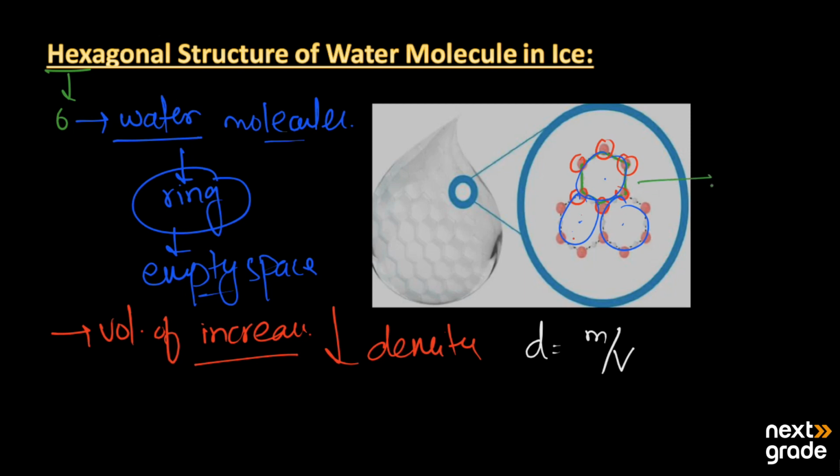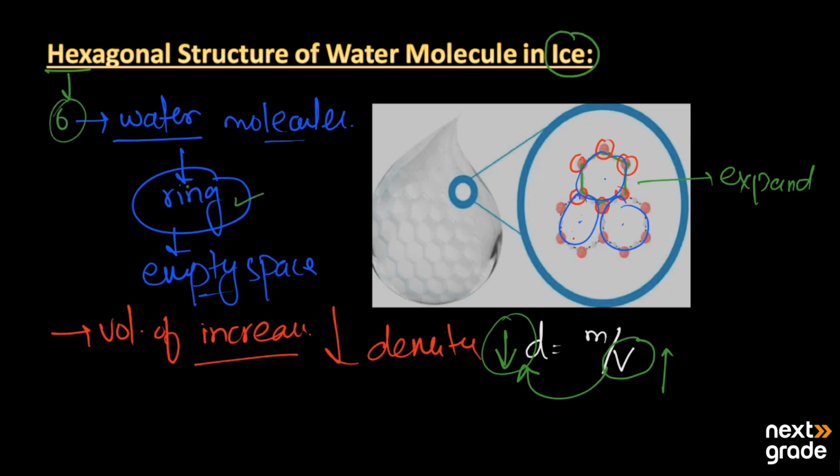When the water molecules expand and form a hexagonal structure, their volume increases, and when their volume increases, their density decreases. So that's why when we cool down the water and it changes into ice, it forms a hexagonal structure, a six-corner ring with empty spaces. In turn, its volume increases and the density decreases.